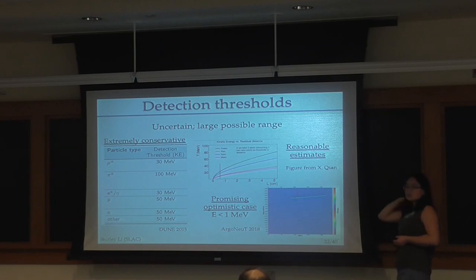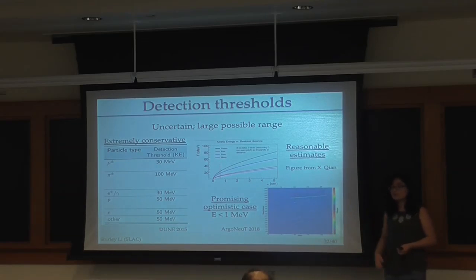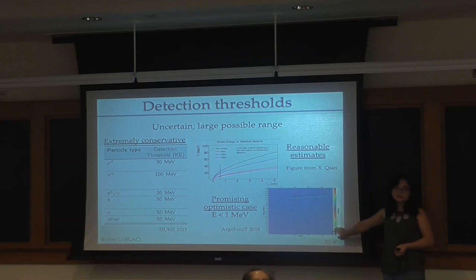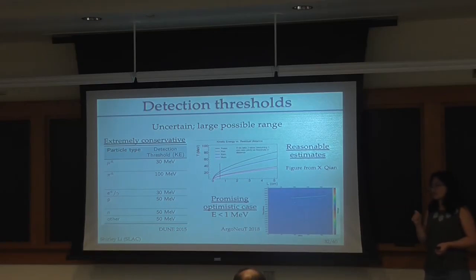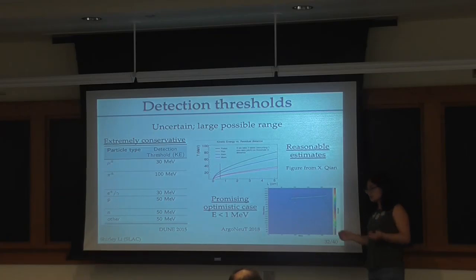And then on the other extreme, there's a small-scale argon experiment at Fermilab that's been taking data, called ArCube. Last year, they demonstrated that they can pick up charges as low as sub 1 MeV. They're able to see electrons at 0.5 MeV, and that's what they consider to be threshold.